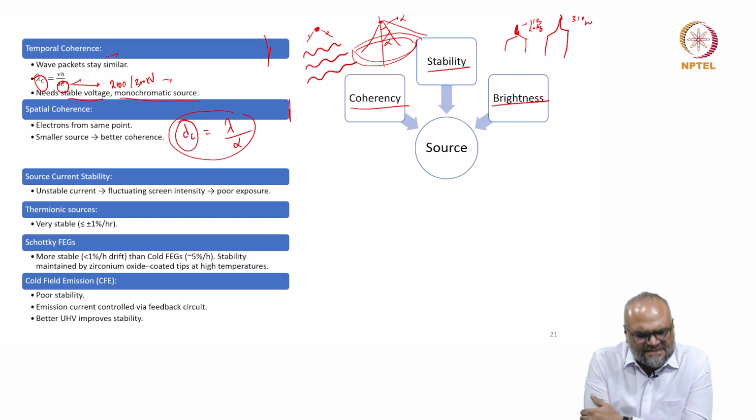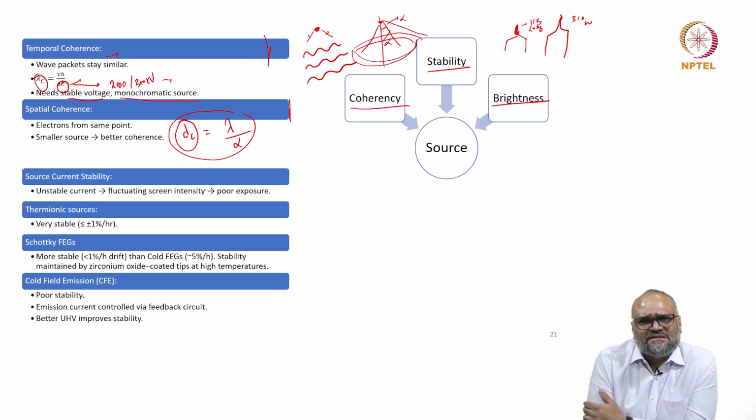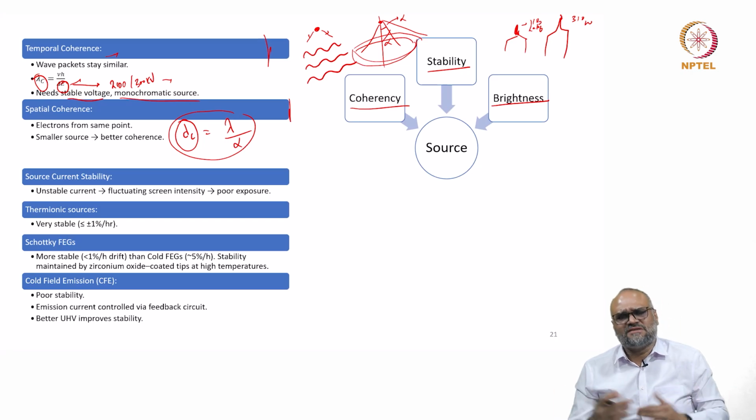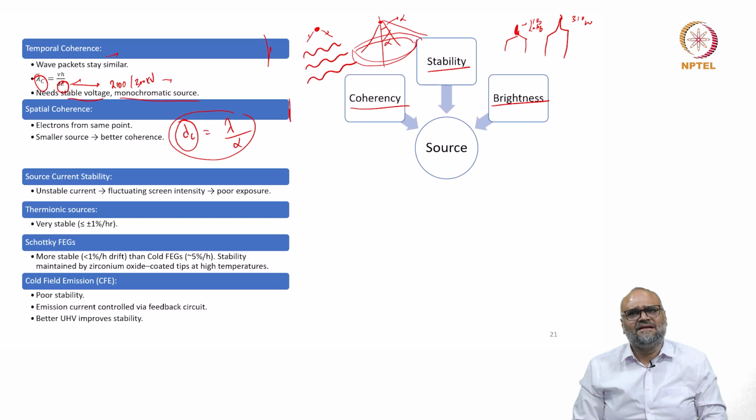But if the source is not stable and this is fluctuating, you would have some kind of funny effects while you're recording the image. You would not have stability and constant exposure while recording the images, and it makes it sort of counterproductive when you're trying to record images from a sample.